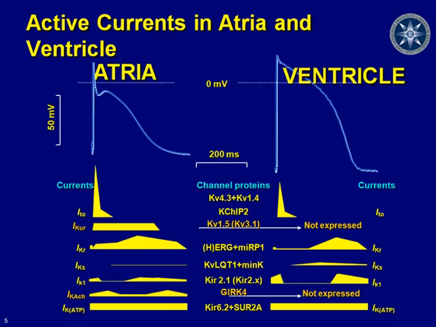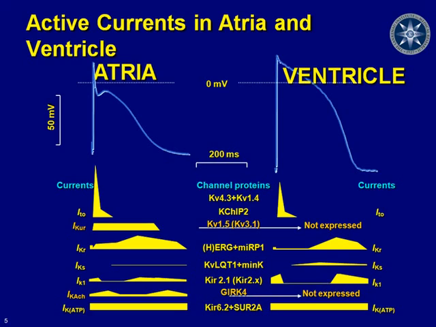We don't have time to go into these in any detail, but these agents focus on the atria rather than the ventricle to maintain sinus rhythm. Vernakalant is an agent that is under active evaluation, both in an intravenous formulation and an oral formulation.